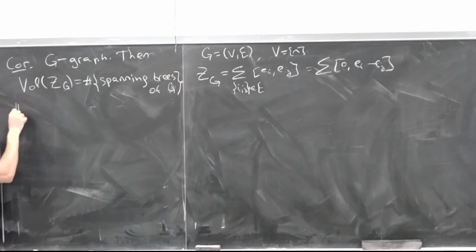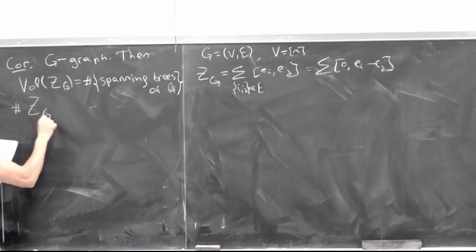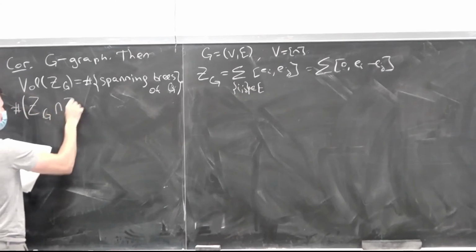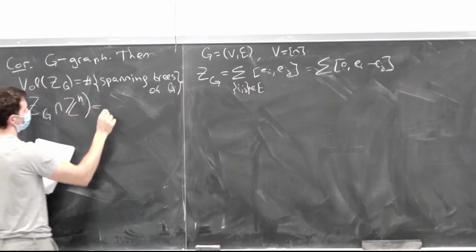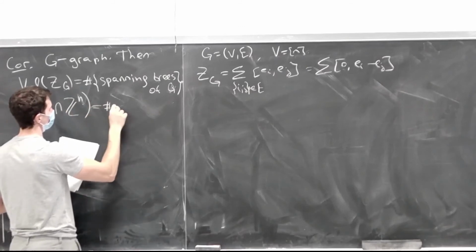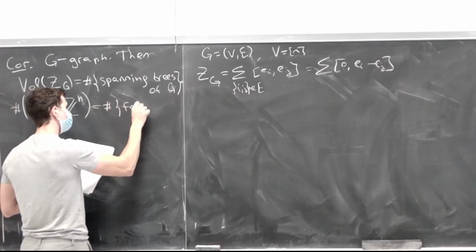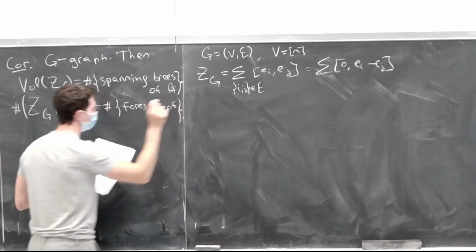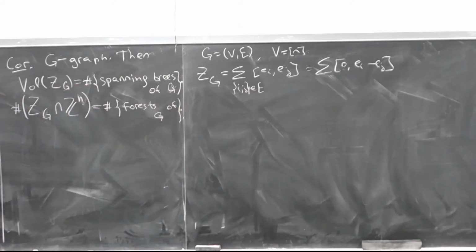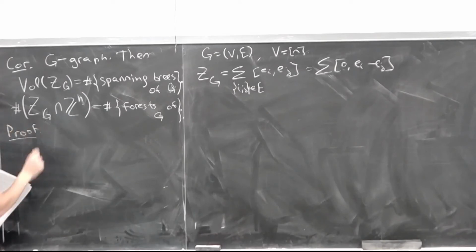and the number of lattice points is the number of forests of G. And well, I have to prove it, and the proof is actually sort of annoying.